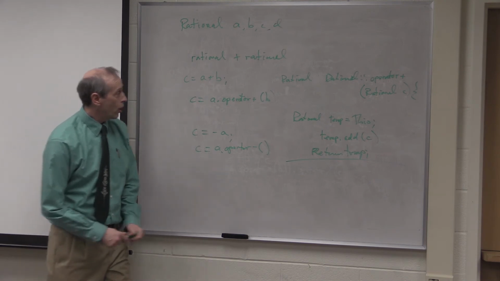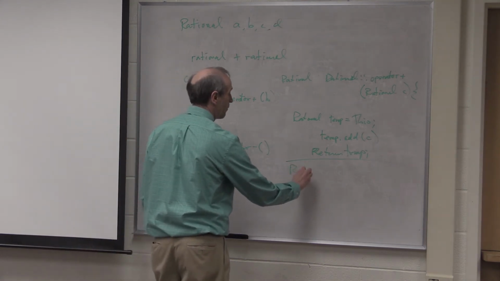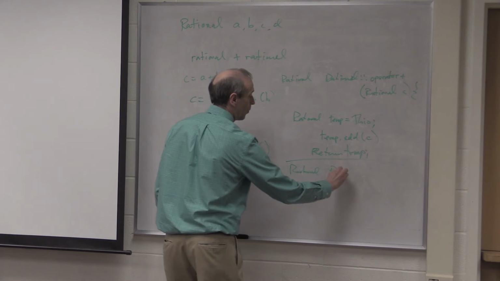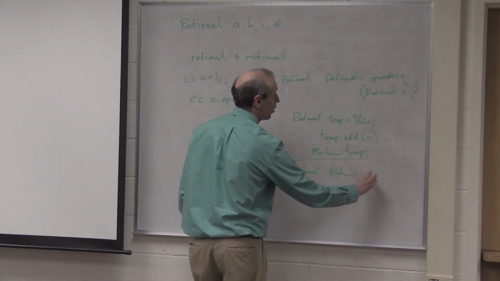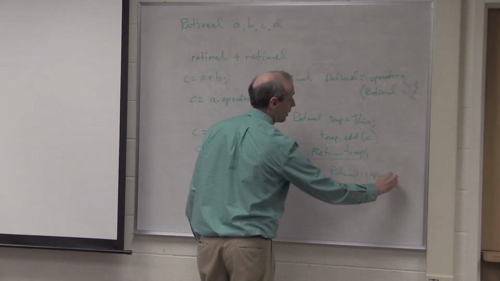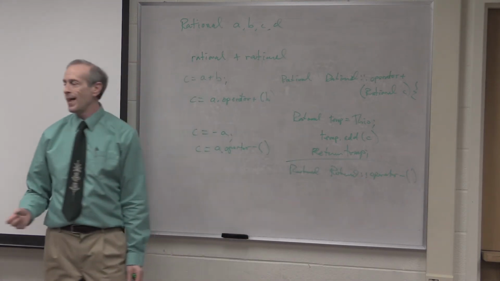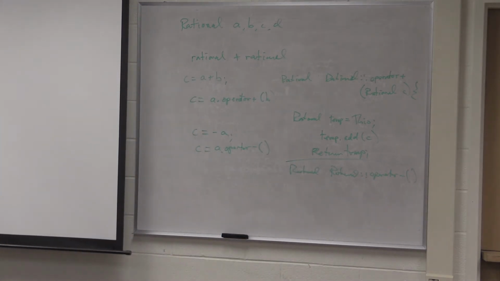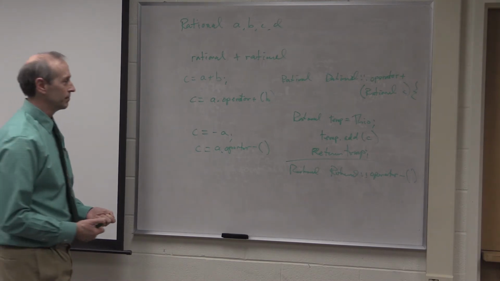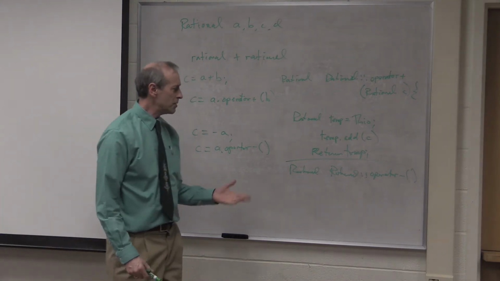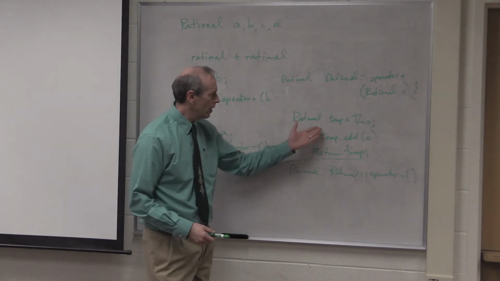Okay? So you would have rational colon colon operator minus, no parameters. So for binary operators, you pass one parameter. For unary operators, you pass 0 parameters. And it's because you're using this.